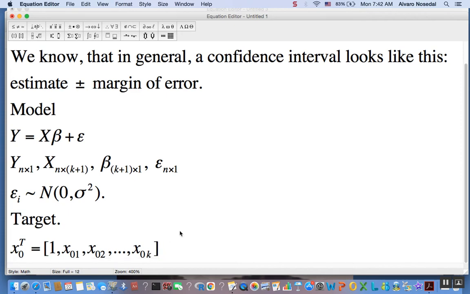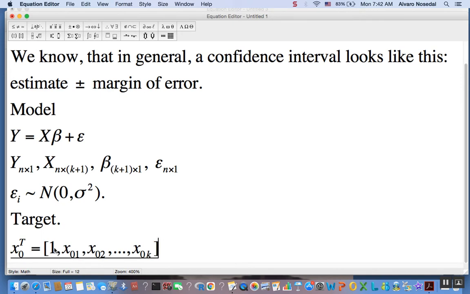Okay, so what I mean by this: we said we have k predictor variables, right? So I'm using the first subscript to keep track of the observation I'm talking about, and the second subscript to keep track of the predictor variable I am referring to.